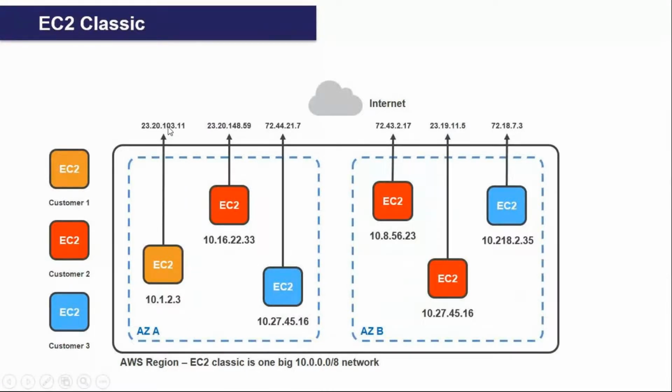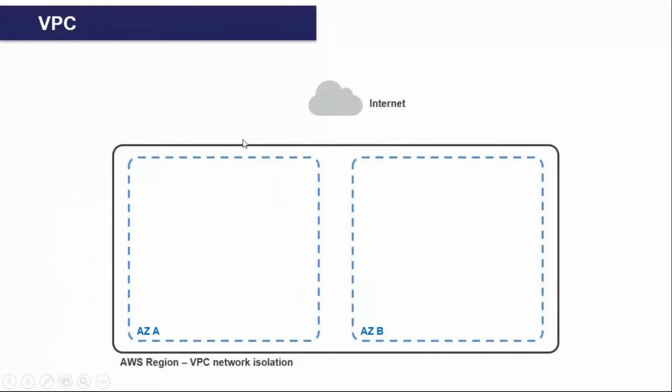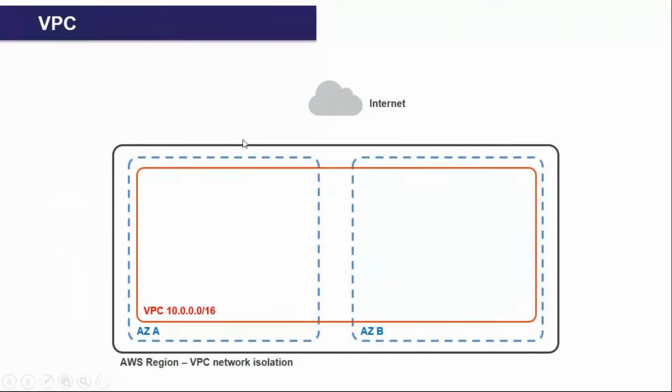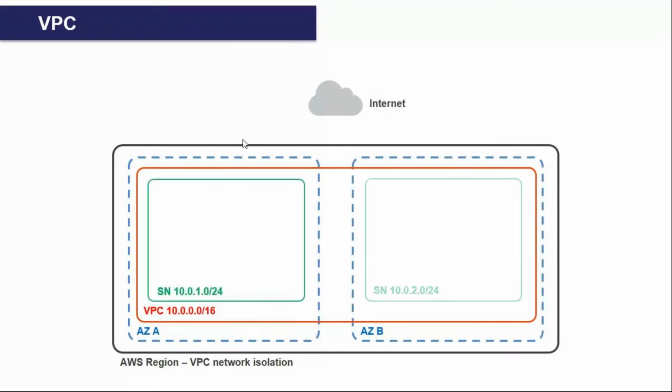All have been assigned a public IP address. You can see that there are sub networks and one private cloud.